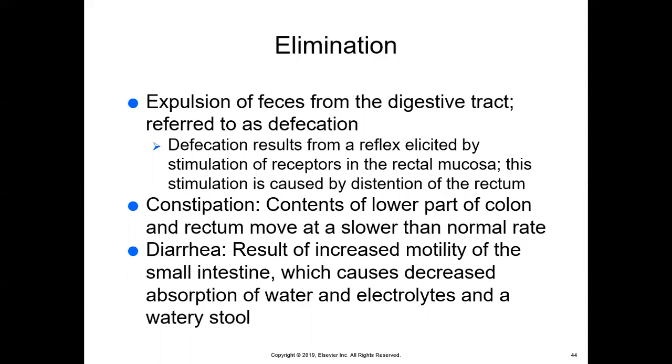So when the rectum gets distended, then you get an impulse to actually defecate. Constipation is when the contents of the lower part of the colon and rectum move at a slower than normal rate. Then you have diarrhea. Diarrhea results from increased motility of the small intestine, which causes decreased absorption of water and electrolytes and a watery stool.